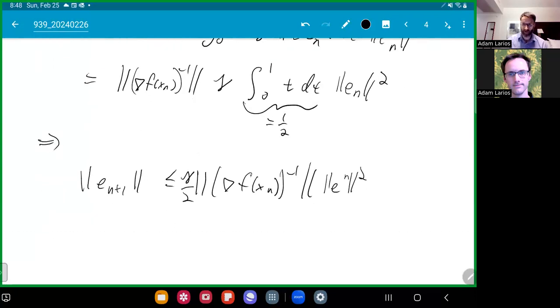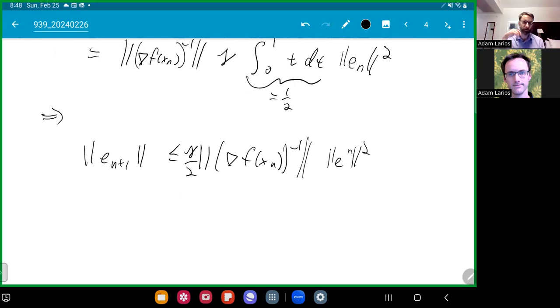All right. So now the issue is that this piece we would like to somehow bound above, and it doesn't seem very good because n could be changing at each step. So we would like to bound this above by something constant, but we haven't used the fact that we're close to the exact solution yet, right?